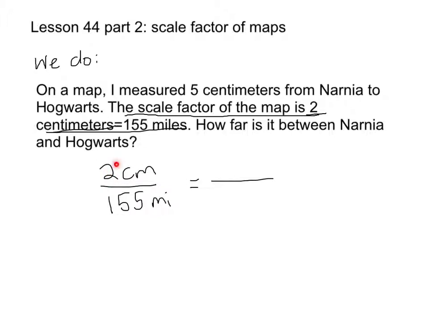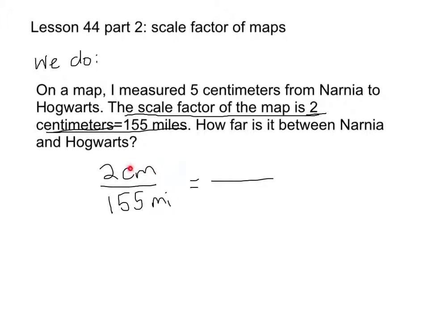So we take this information, 2 centimeters equals 155 miles, and we put it there as our scale factor for our math. Now, this is really important to remember, and this will help you for a lot of these types of questions, and we're going to come across a lot. If centimeters is on the second floor, the top floor of the building, if this ratio is a building, then centimeters needs to stay on the top floor over here.